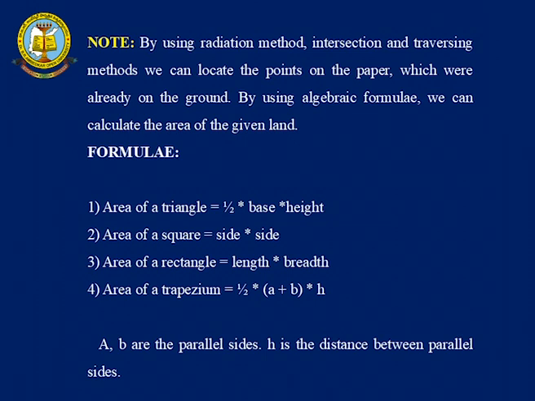The area of a triangle is half into base into height; the area of a square is side into side; the area of a rectangle is length into breadth; and the area of a trapezium is half into (a plus b) into height. Here a and b are the parallel sides, and h is the distance between the parallel sides.